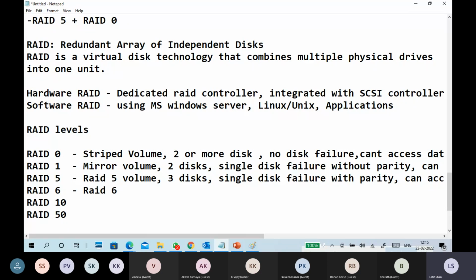The RAID 6 volume. It is RAID 5 only, but in RAID 5, if you use 5 disks, it is automatically RAID 6. Two disk failure. Very good. Two disk failure with parity.